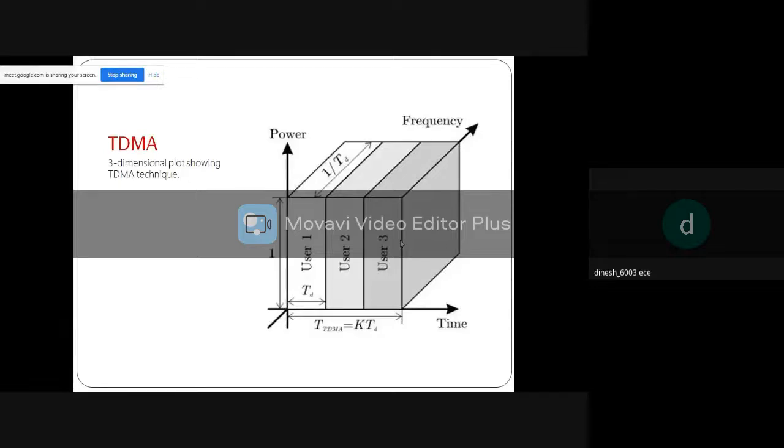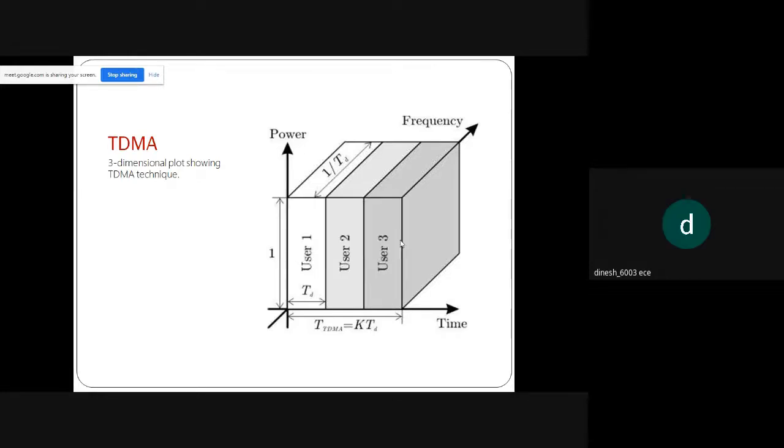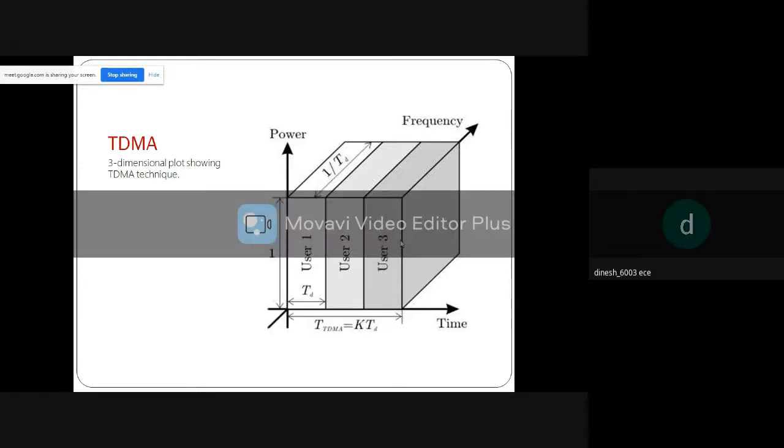This is the structure of TDMA: time versus frequency versus power. You can see for every time slot, the same frequency is used for user 1, user 2, user 3, until user n. So the total time is divided for every user. The number of users decides that.